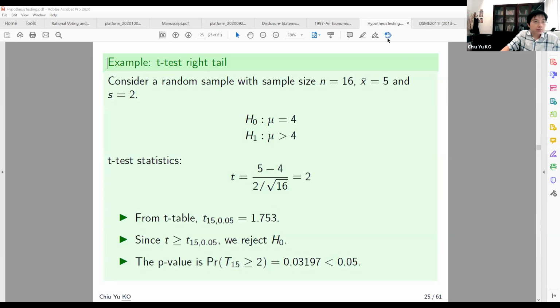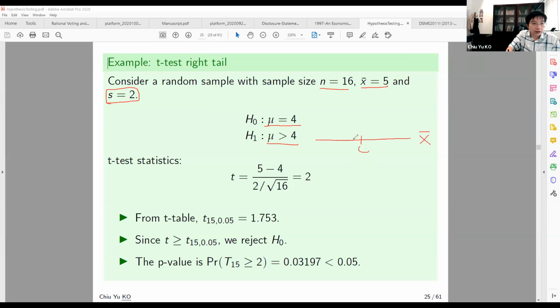Now I deliberately make the same question: n is 16, X bar is 5, and S is 2. So the sample standard deviation is the same as the population one. I deliberately make the same numbers so you can see the logic easily. You want to test this against the right tail, so you just look at X bar.